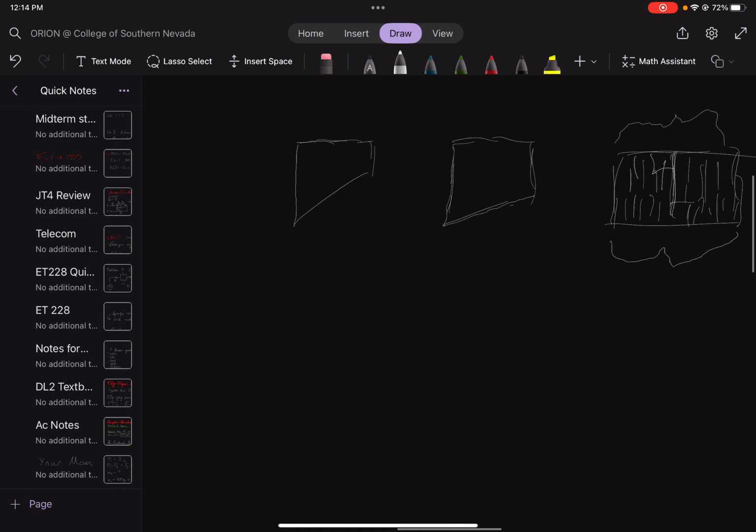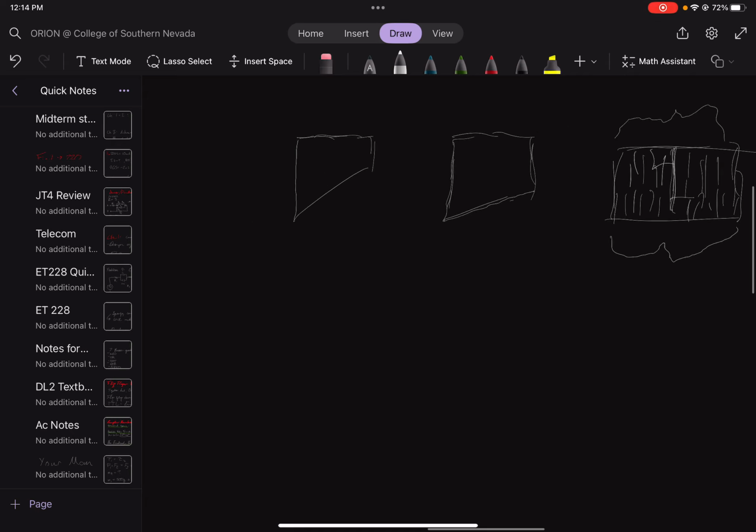Whereas when we have the two angled ones, notice how this surface area is significantly smaller than this surface area of the solar panels.